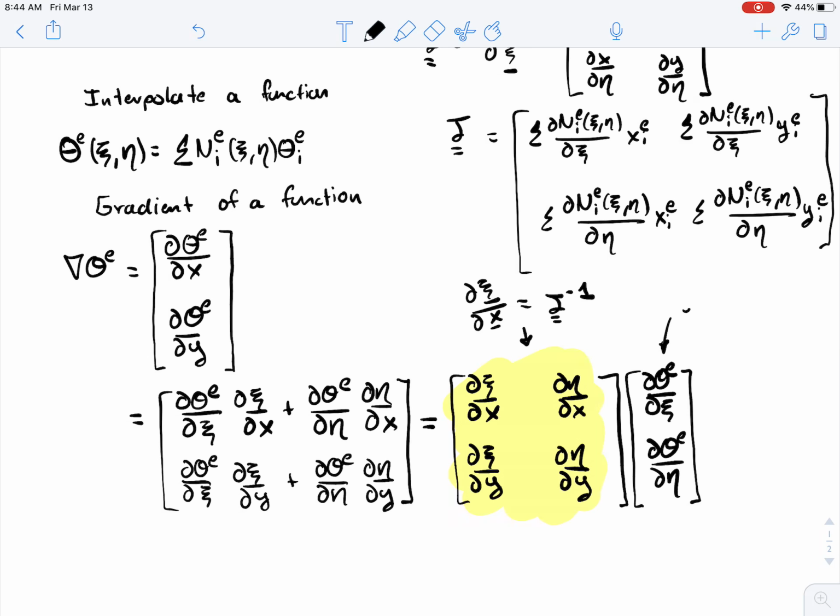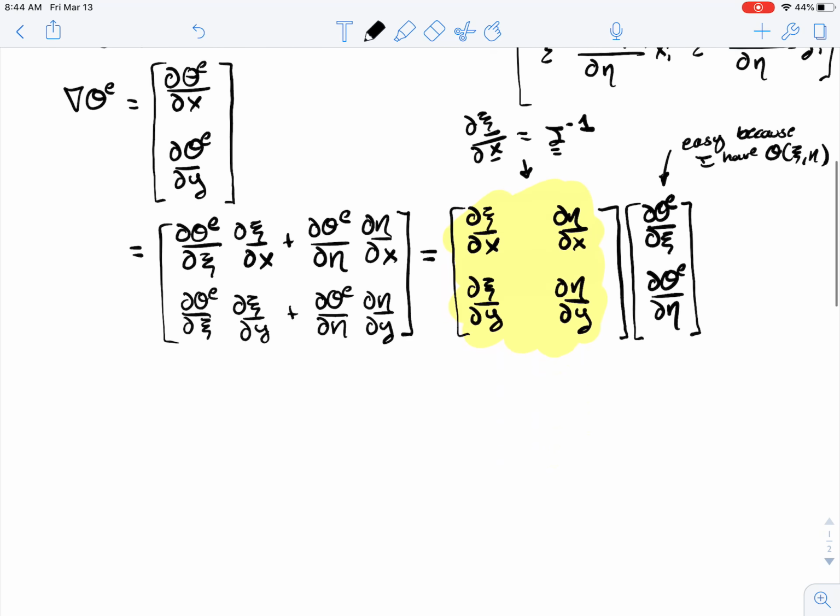This is easy, because I have theta in terms of xi and eta anyways. So I only need to take the derivatives of the shape functions.